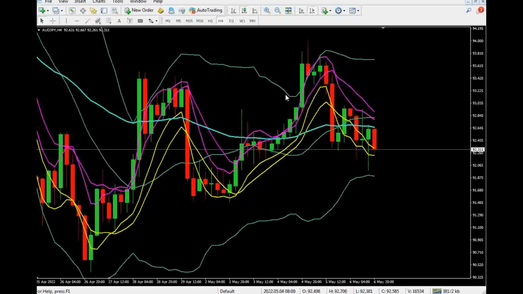And then the second characteristic is the moving average moving out of the upper Bollinger Band also. We can see it's clear here. The high moving average is already out of the upper Bollinger Band. And the third characteristic is there is a rejection.